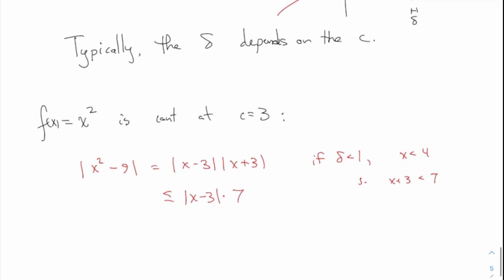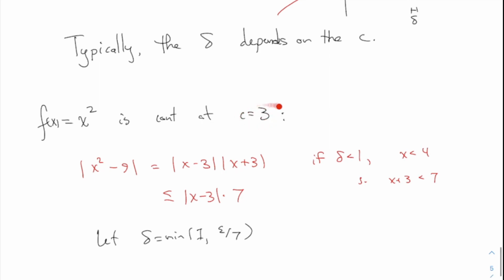And then I say, let delta be the min of 1 and epsilon over 7, where this 7 here comes from that 7 there. I'm here to tell you the delta depends on the c. You don't see a c in the formula down here, but where did this 7 come from? It came from basically that 3 and plugging in this 4 here.